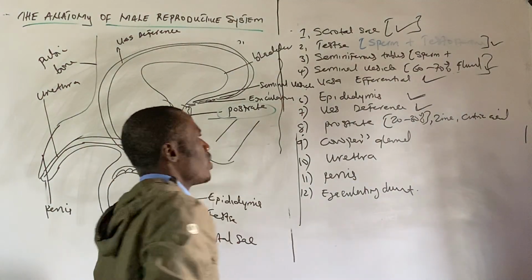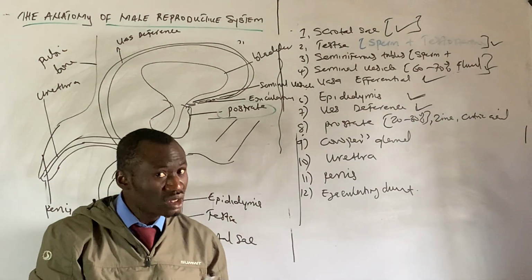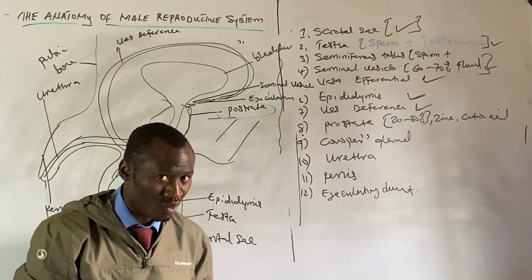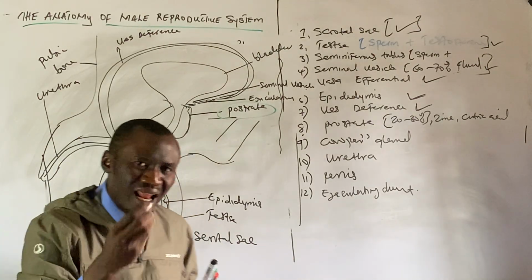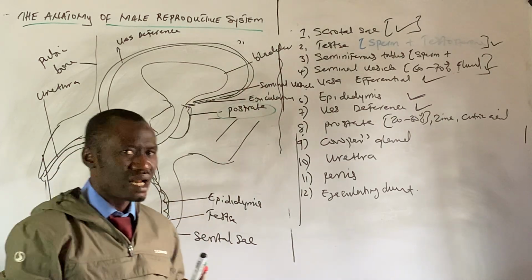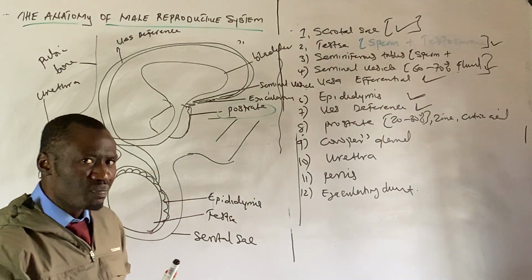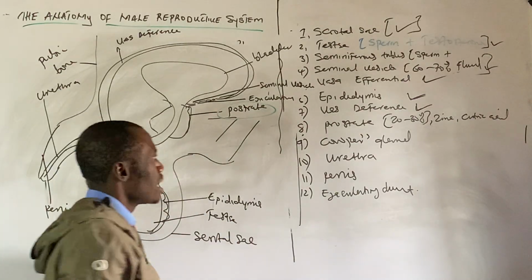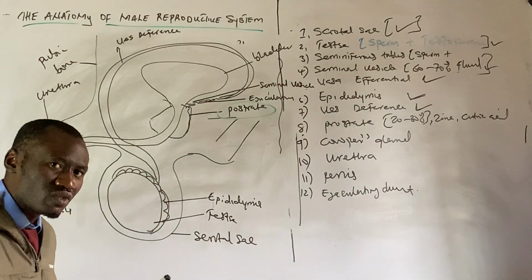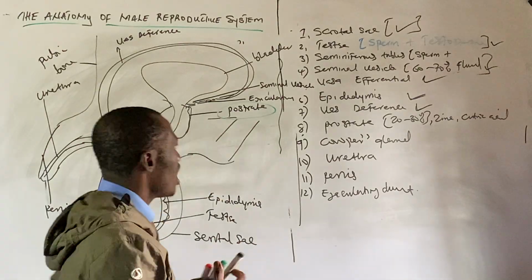The work of the prostate is to nourish the sperm, give it nourishment, and also secrete some alkaline substance that helps to neutralize the acidic pH of the female reproductive system. But the major function of secreting alkaline substance belongs to the Cowper's gland.